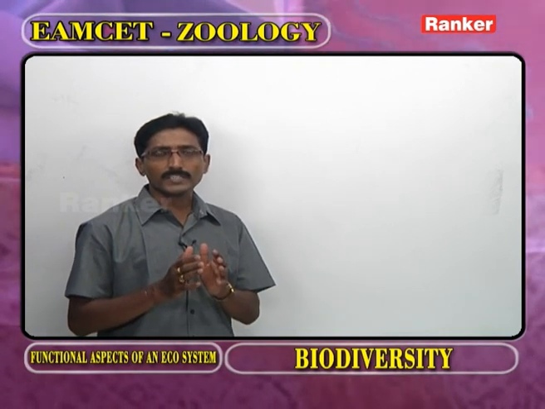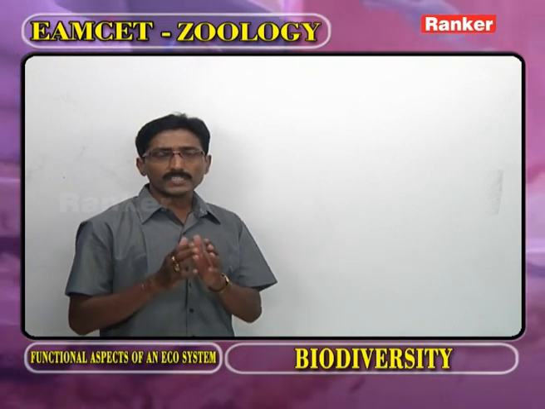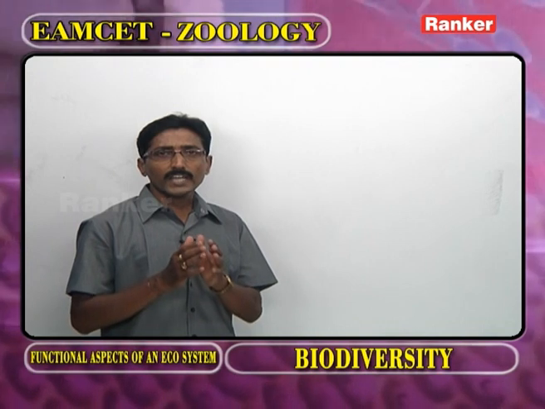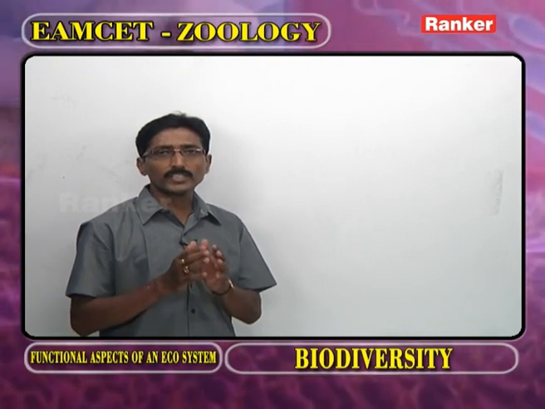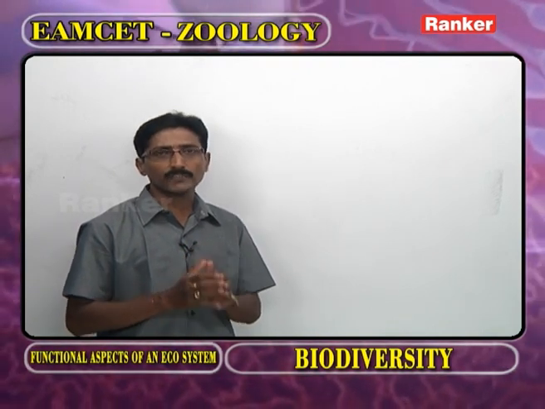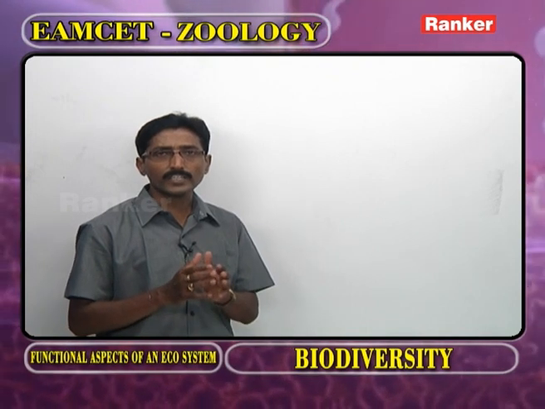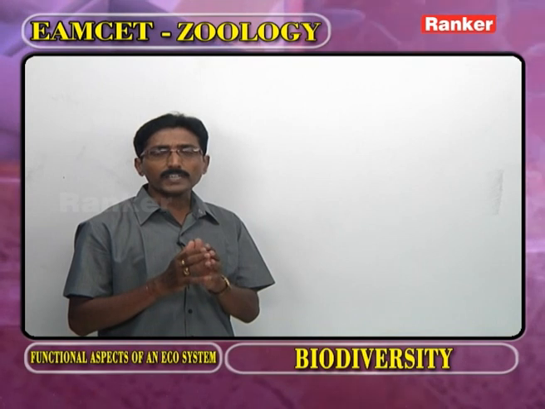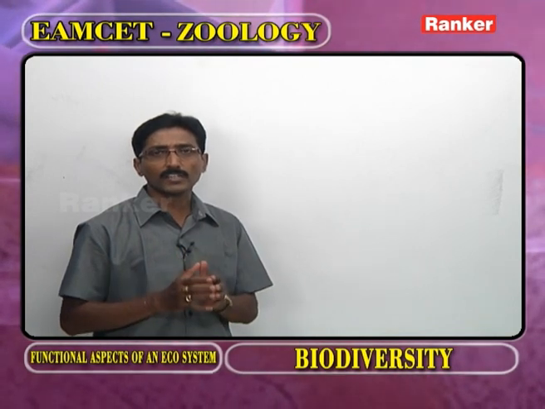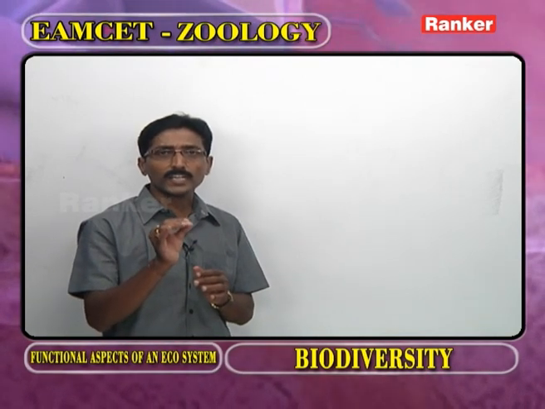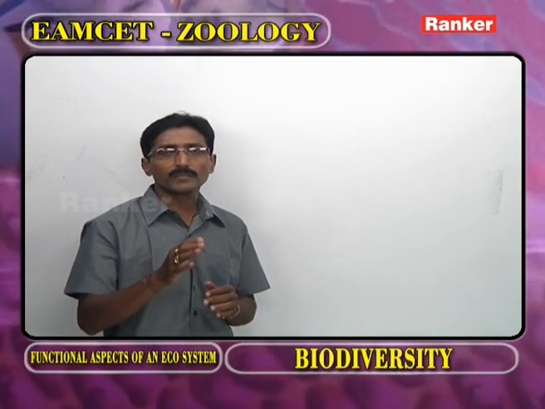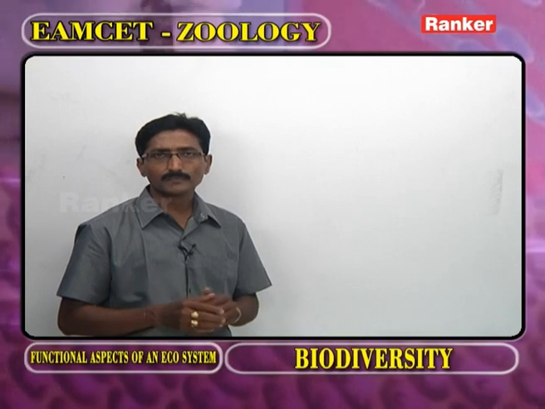One example is green plants, the second is phytoplankton. Their role is very important, because green plants and phytoplankton trap radiant energy and by photosynthesis prepare their own food material.